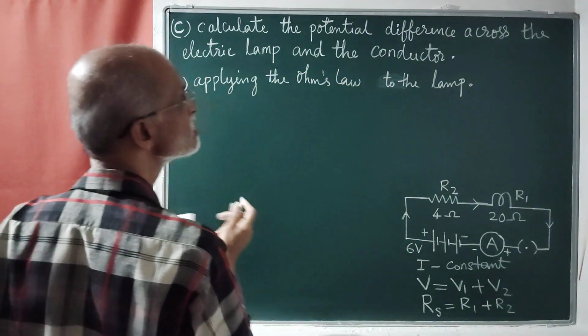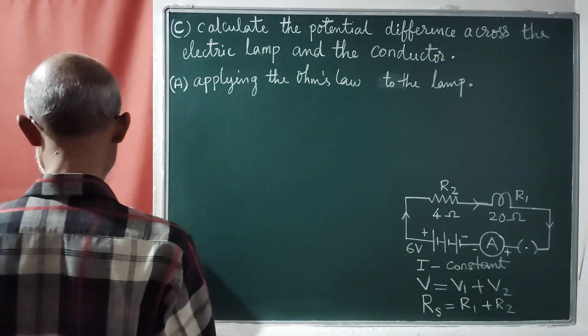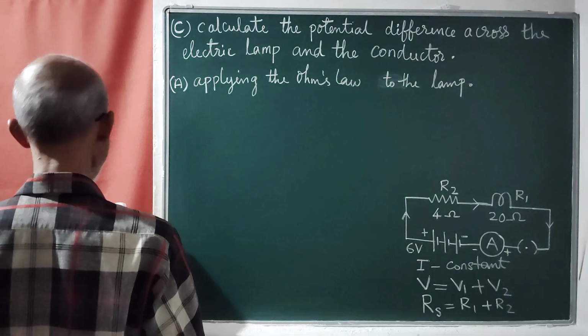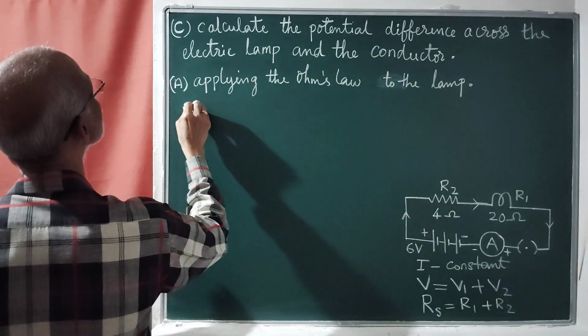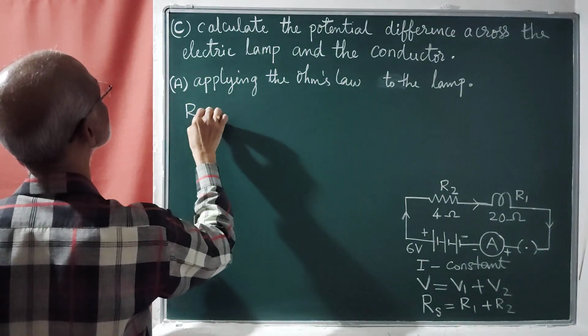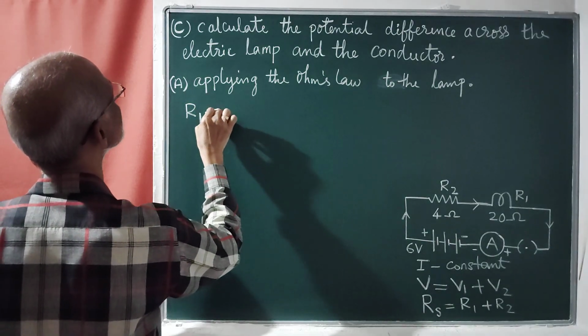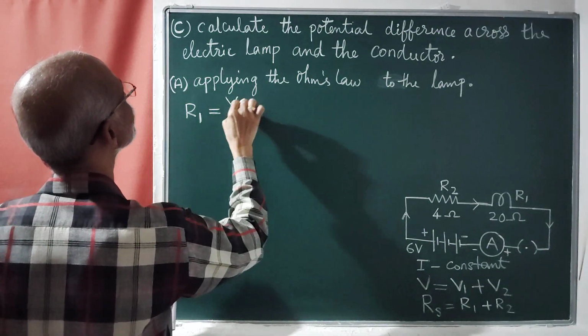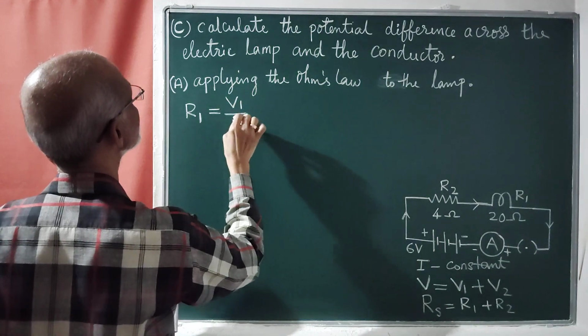So here R1 will be equal to V1 by I. I is constant.